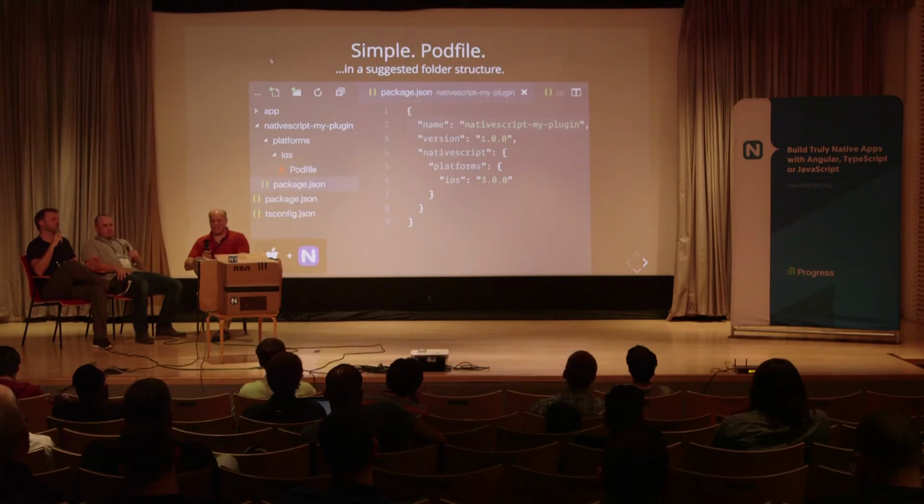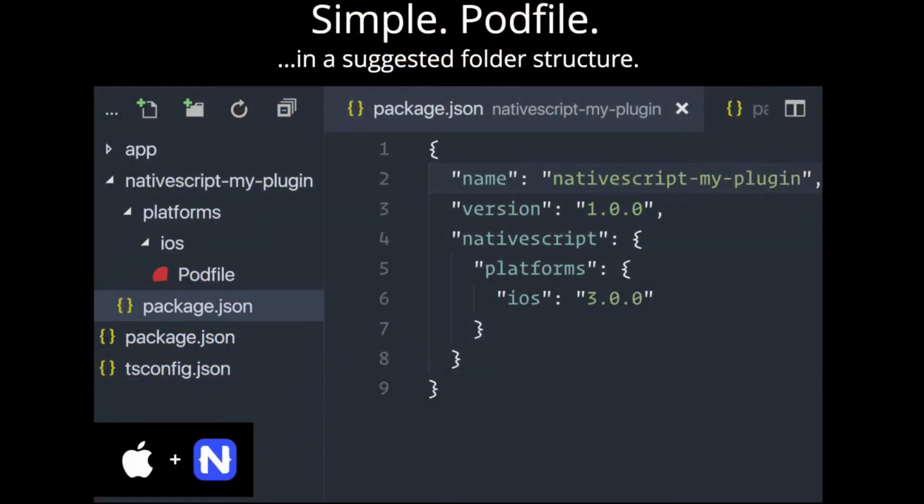So generally what you want to do when you do this, and there's a number of ways you could integrate CocoaPods in, but the ideal way is to set up an internal plugin folder. And this internal plugin folder would be inside the root of your own NativeScript app. This is one of the ways that I personally prefer to integrate with native APIs.